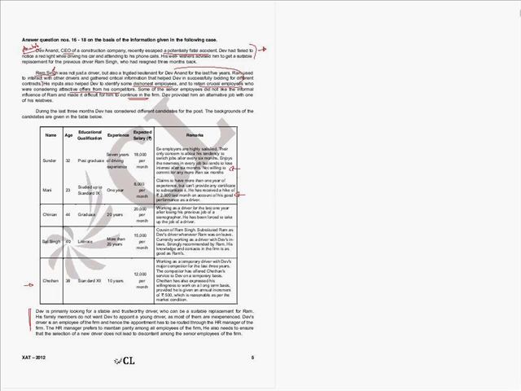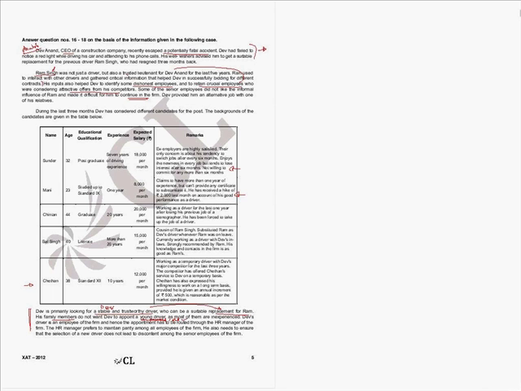Dev is primarily looking for a stable and trustworthy driver who is suitable as a replacement for Ram. His family members do not want Dev to appoint a young driver. They want experienced people, old drivers.